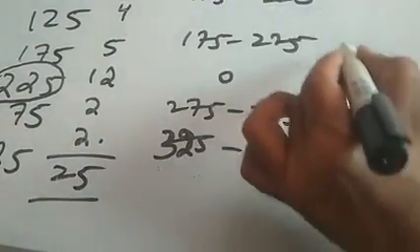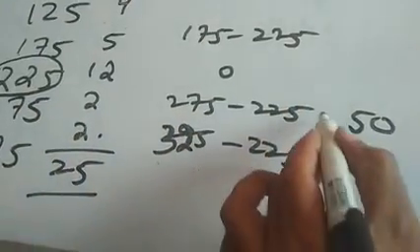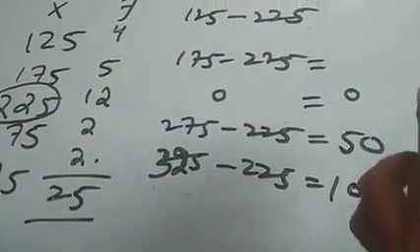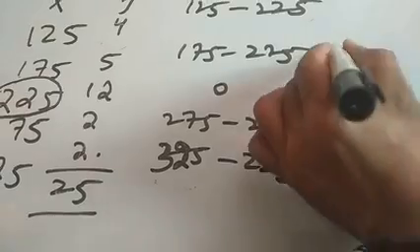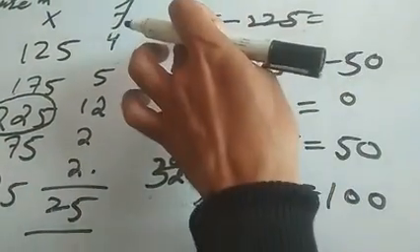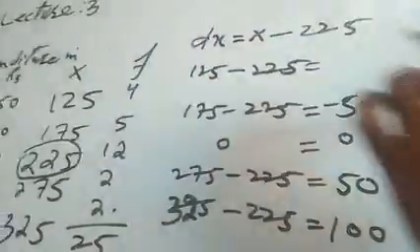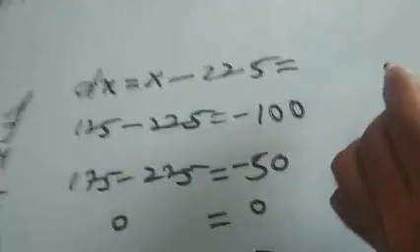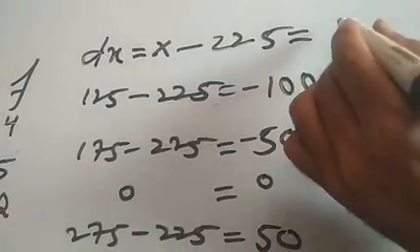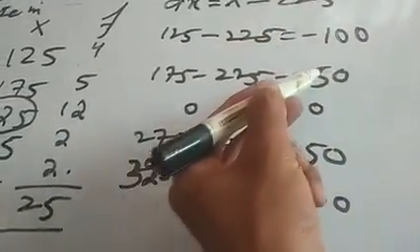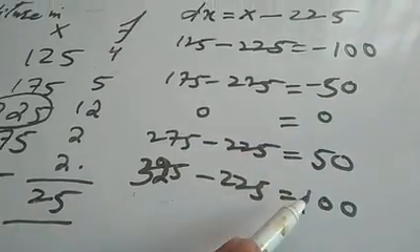And 175 minus 225 will be minus 50. And 125 minus 225 will be minus 100. So I got minus 100, minus 50, 0, 50, 100. It is the dx column.